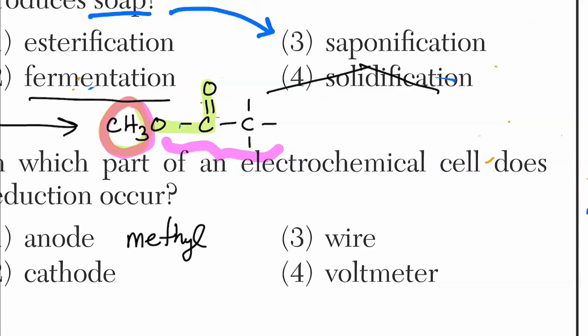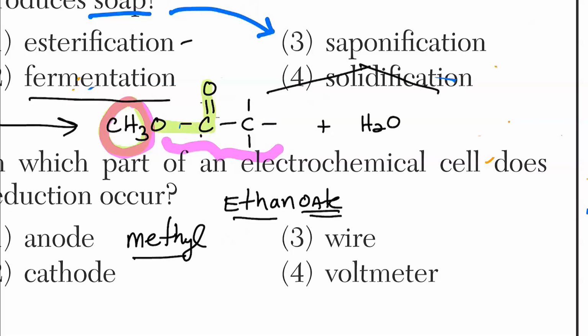We always name the ester with the alcohol part first, and then the 2-carbon acid part becomes an OATE, so this becomes ethanoate. I get this from Table R. And that's one product. The other product would be water because it came out, dehydration synthesis. And of course, methyl ethanoate is an aromatic compound, smells nice.